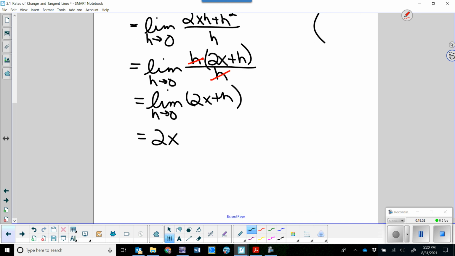There's a lot of things you can do here. You can say, I want the slope at 3,9. You could also say slope, comma, 3,9. That's just a way to tell me, hey, I'm finding the slope there. The slope is going to be 6 because you're just going to take 2 times the 3. So therefore, the answer is that the slope of the curve at 3,9 is 6.